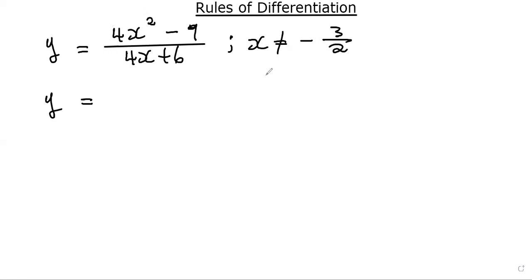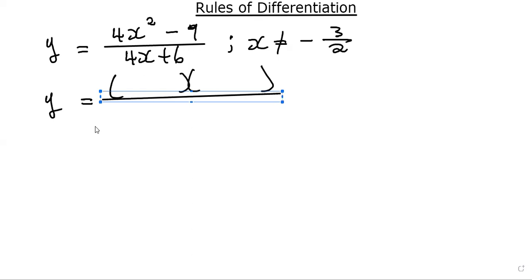In order to factorize the difference of 2 squares, we need to open 2 brackets. And we say factors of 4x squared, it's 2x and 2x. Factors of 9, it's 3 and 3. And since it's the difference of 2 squares, they have to be opposite in sign.